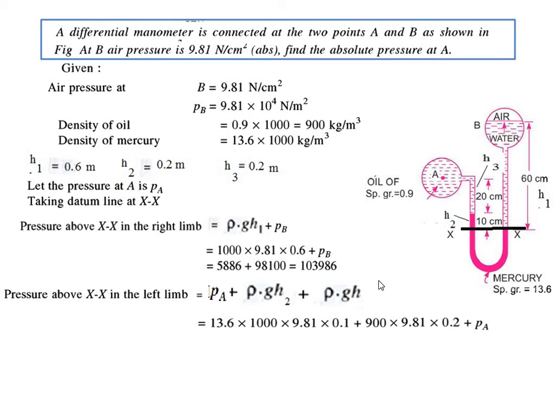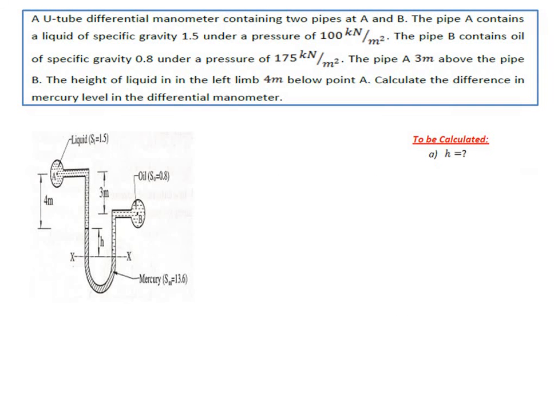So it is nothing but 13.6 into 1000 into 9.81 into 0.1 for mercury, plus 900 into 9.81 into 0.2 plus Pa. So Pa can be given as 88,876.8 Newton per meter square.